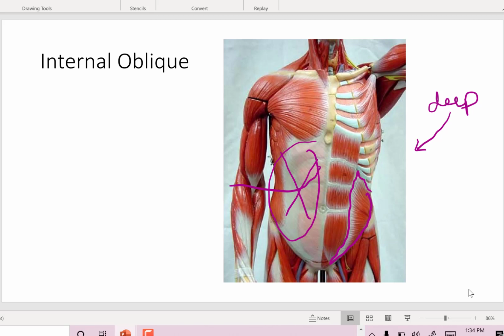The internal oblique has its origin on the lumbar fascia, the inguinal ligament, and iliac crest. Its insertion is the linea alba and pubic crest. And the lower 4 ribs. Sorry about that, I got distracted. So let me say that again for the internal oblique.